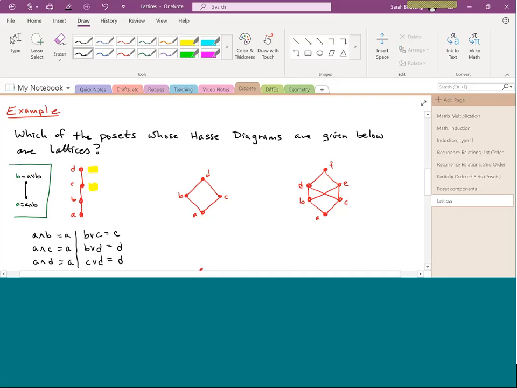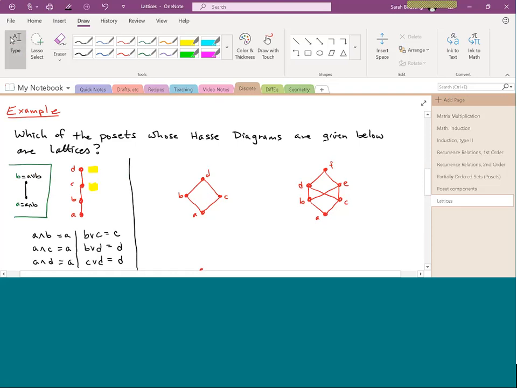If you have any length chain and you're pulling two elements from that chain, any two elements we pick here are always going to form some subchain of the poset. So your meet is always going to be the lowest element of the two, and the join is always the top element of those two. Now, that's only true with chains. So we have to do a slightly different analysis if we're dealing with other things.